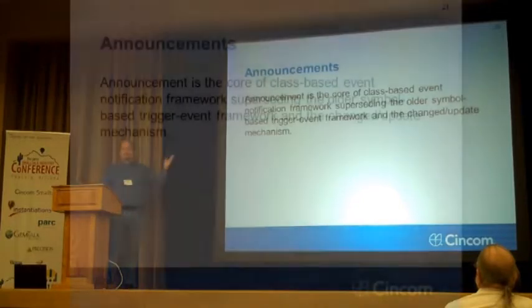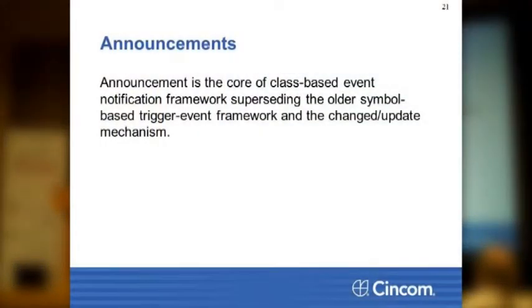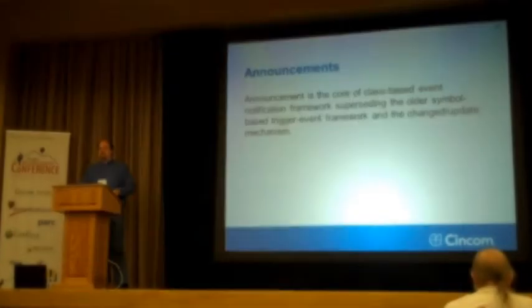So we're using announcements. I was happy to read earlier this week, actually on Monday, that BA said they are now supporting announcements. Now we are going to switch over from the old trigger event system to using announcements throughout the entire system.